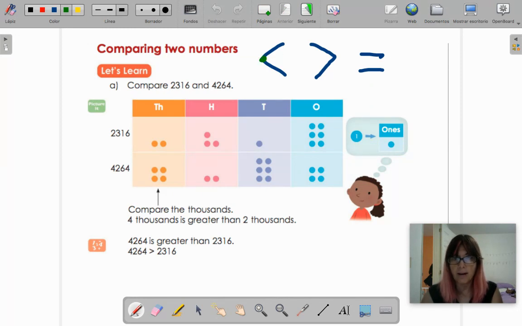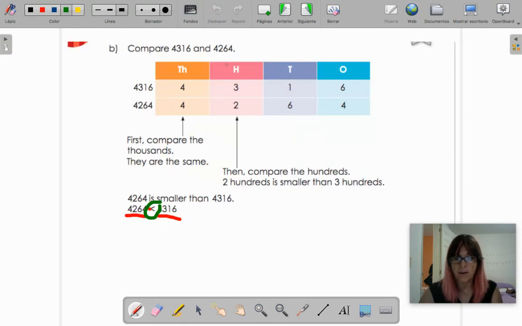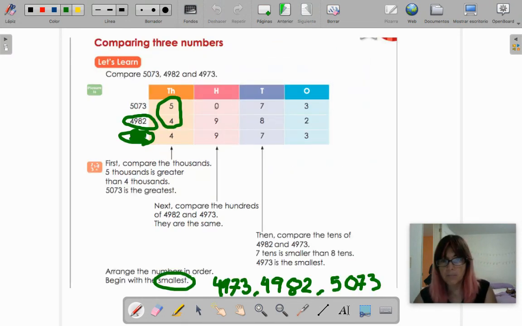Remember, little part, little number, big part, big number. When we compare 3 numbers, usually they tell you to put them in order. Just pay attention if they tell you from greatest to least, or from the least to the greatest. Okay, that's super important.